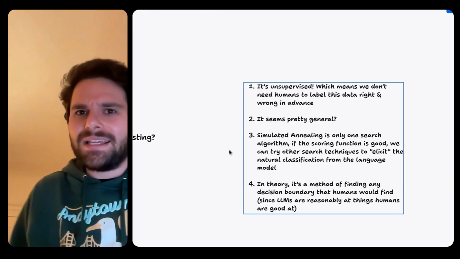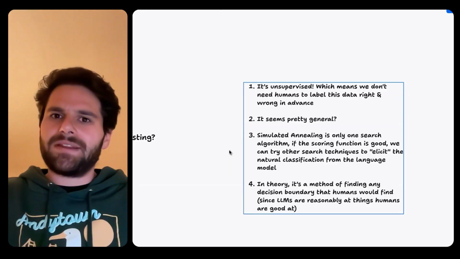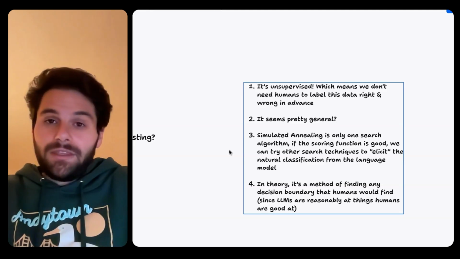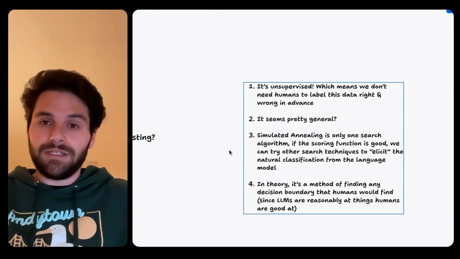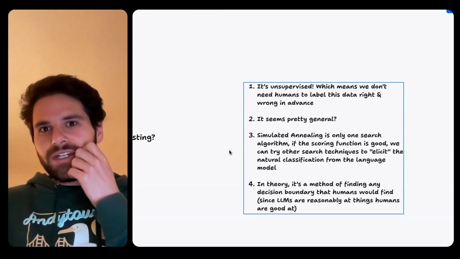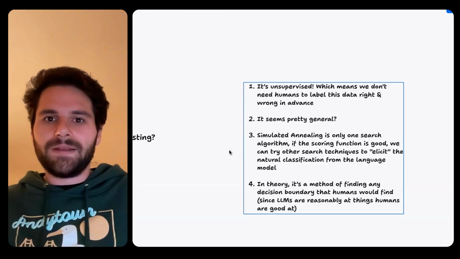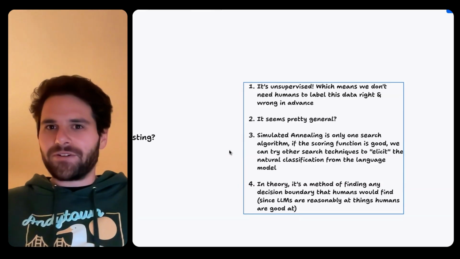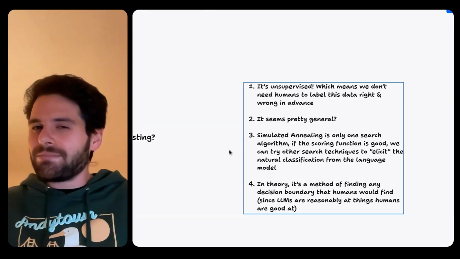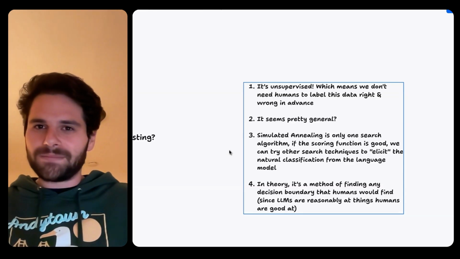And the last part is, it's really interesting to think about, if you buy the core thesis of this paper, which I think they show pretty reasonably, I think we all know that you can elicit stuff from language models, then you would eventually say, okay, any decision boundaries that humans can find, you might be able to find with this method.